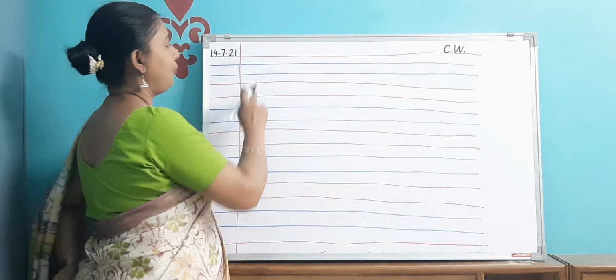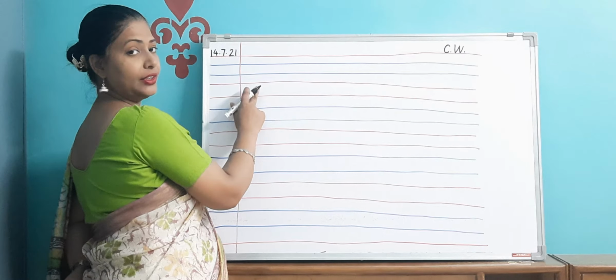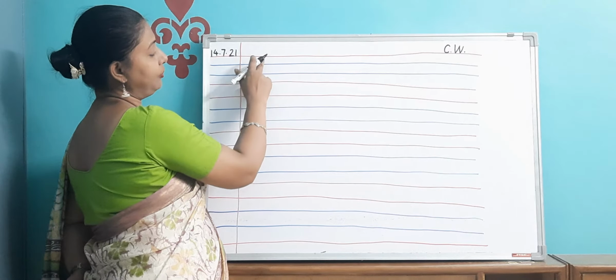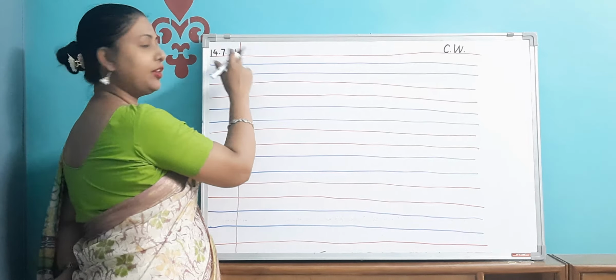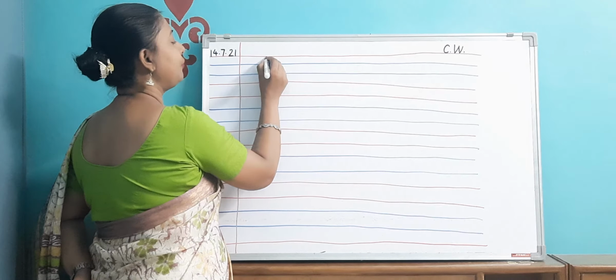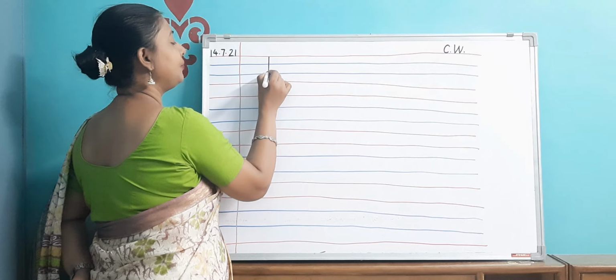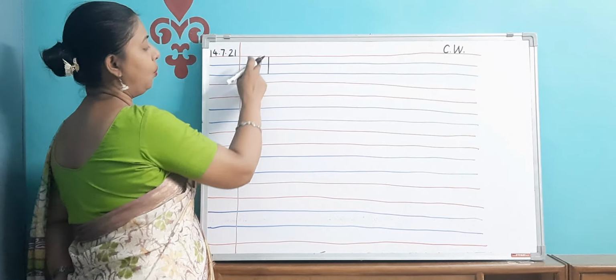Now you can see 4 lines: a red line, blue lines, and then a red line. Sorry, here are 4 lines, and we have to write within the first 3 lines. We start from the first line. From the first line, draw a standing line till the third line, 1, 2, 3.